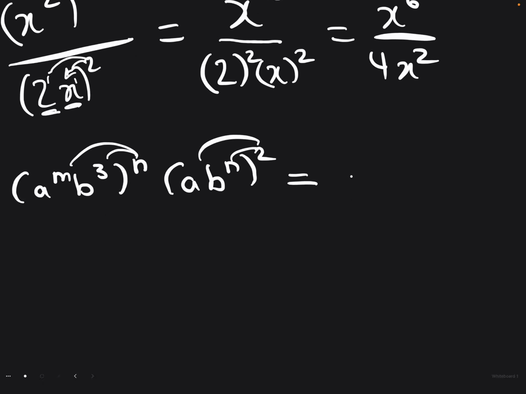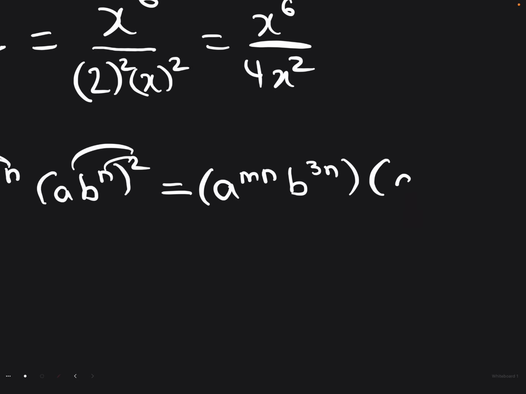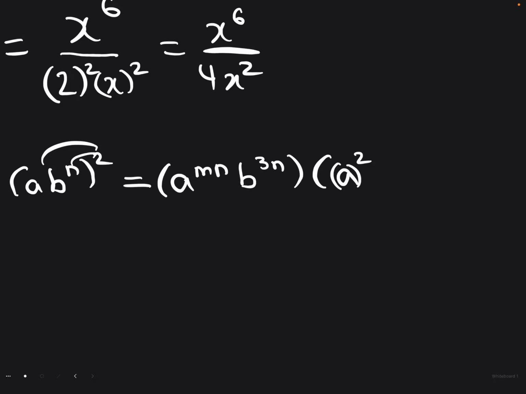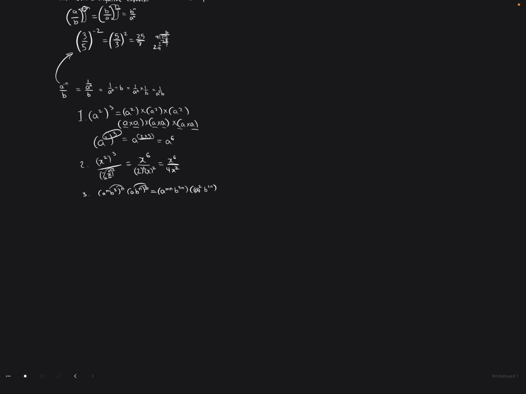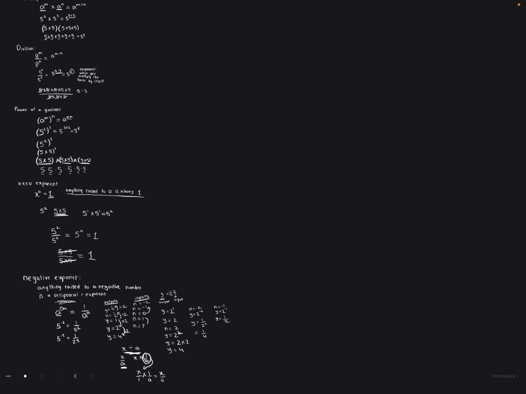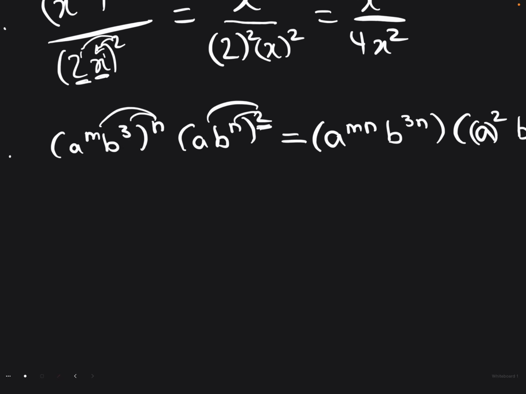So this would become a to the mn, b to the 3n, and this would become a squared, and b to the 2n. Remember that whenever there is an exponent after a bracket, like we learned in this rule, power of a quotient, you always multiply the exponents together.